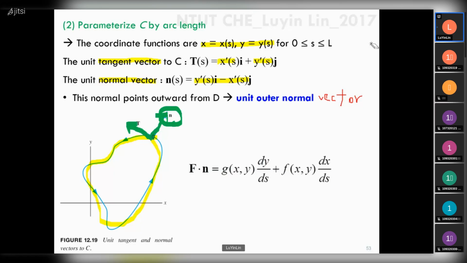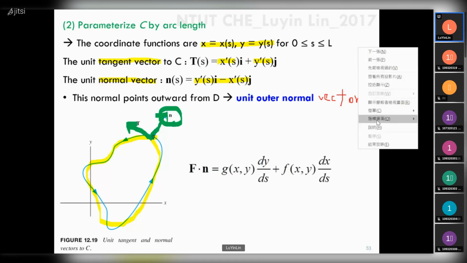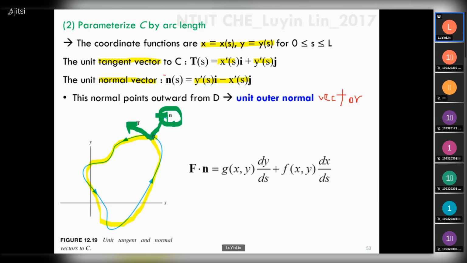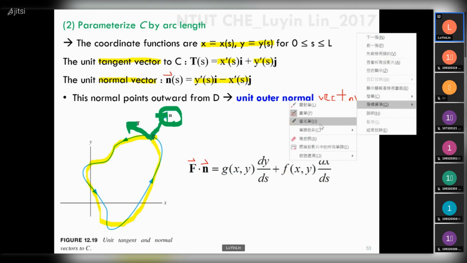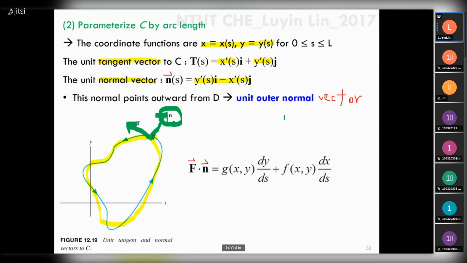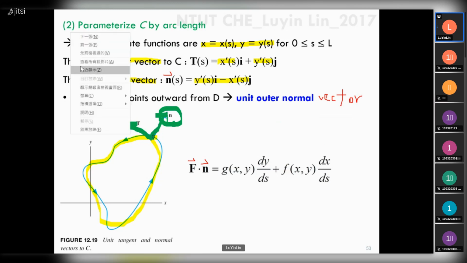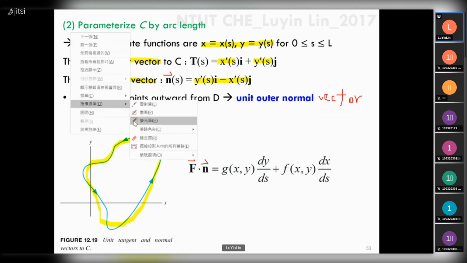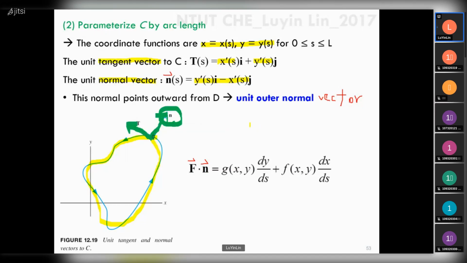Then, if you have this unit outer normal vector n, you do the dot product of F and n, and you will have this. We are trying to have some equations similar to Green's theorem. You will know what I'm doing later.